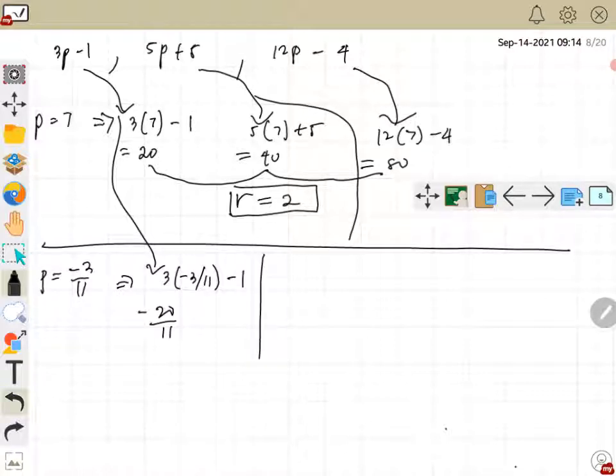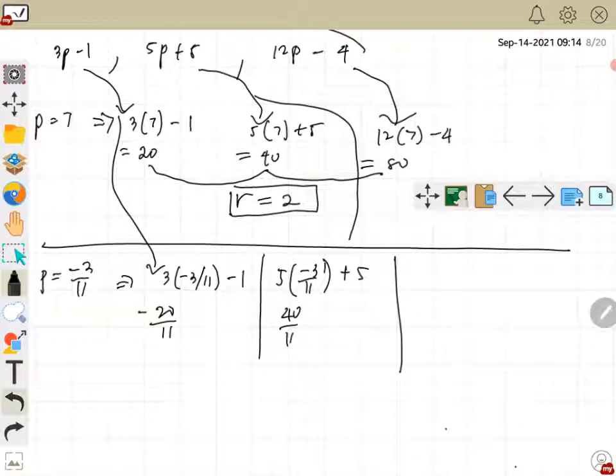So how about the second one, 5p plus 5? That's 5 times negative 3 over 11 plus 5. So we have 40 over 11.